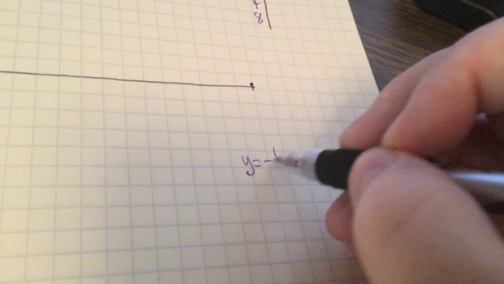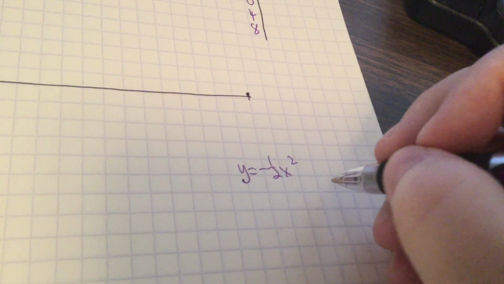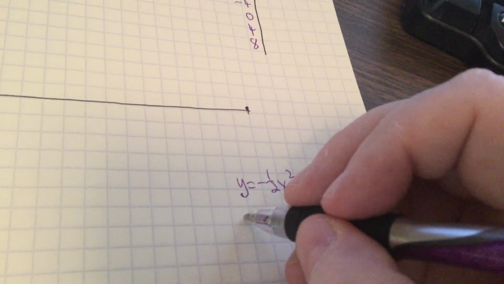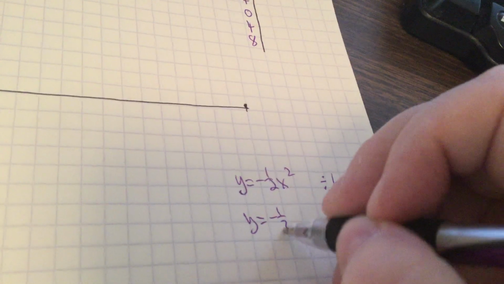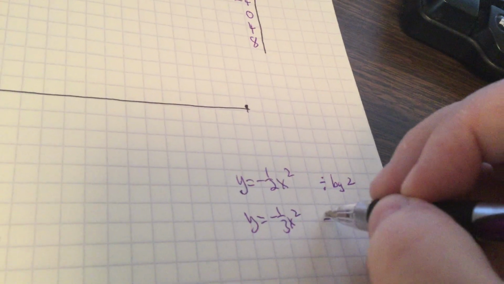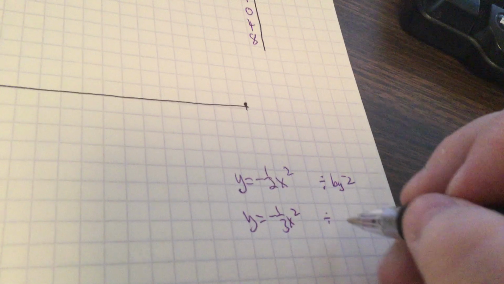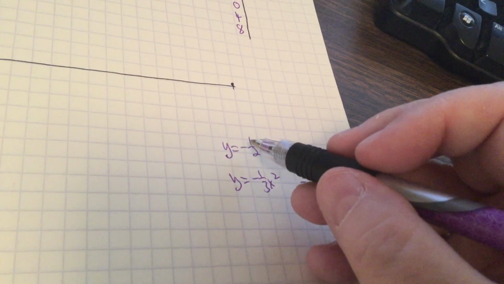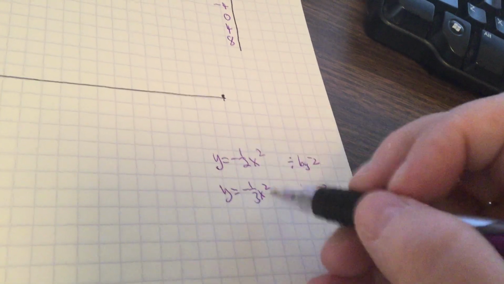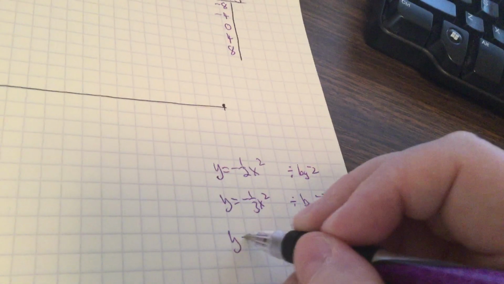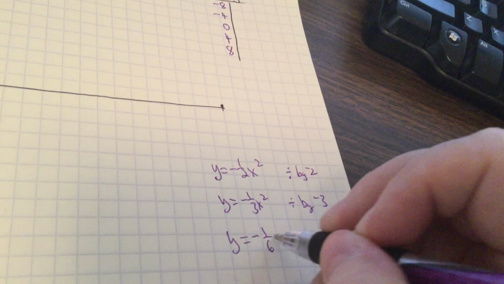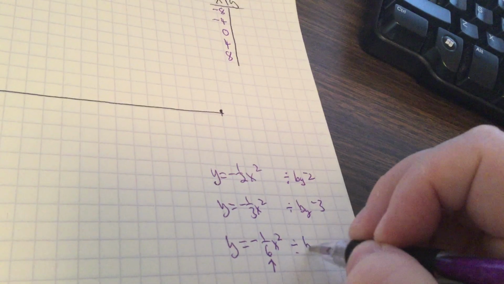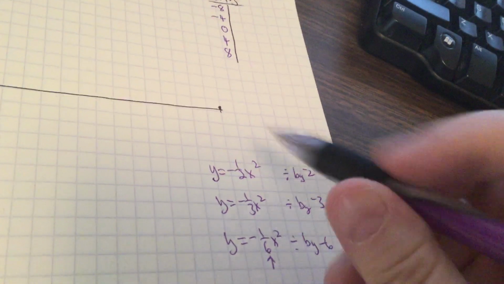If you were dealing with this, you would divide by 2. If you were dealing with this one, you would be dividing by negative 3. Whatever that fraction is, as long as it's a unit fraction with 1 on the top, even something like this, you would still be dividing by negative 6.